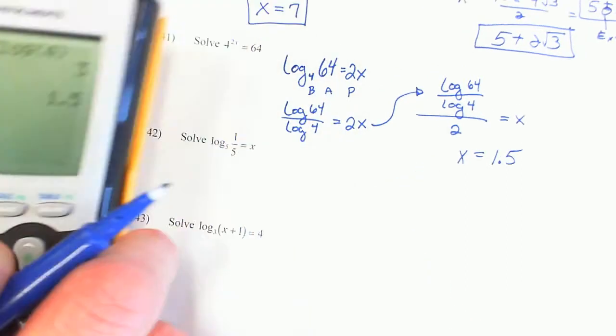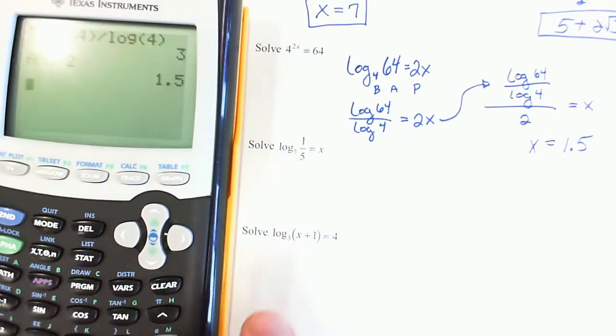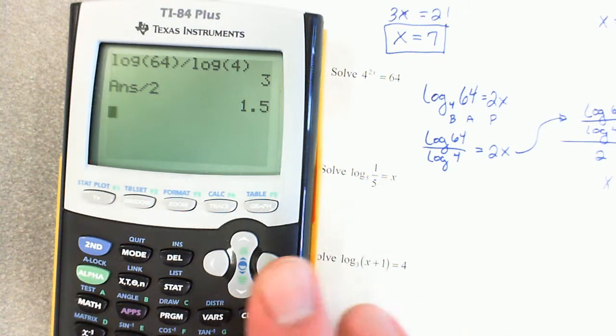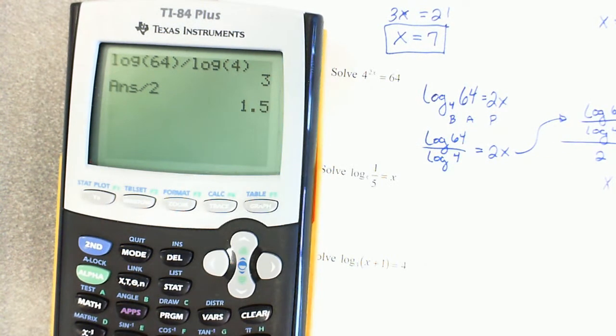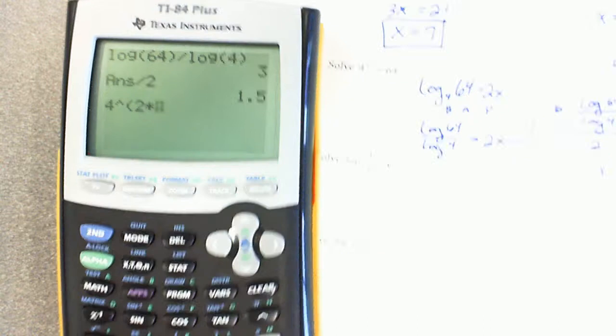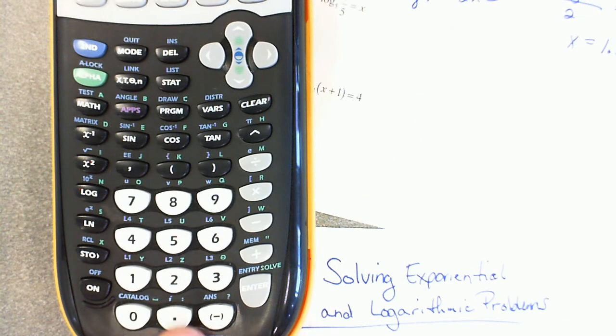And remember, what you could do is verify that on your calculator. If you have the 1.5 already in your calculator, you can plug it back into the original problem. We could do 4 to the power, and then in parentheses, 2 times your answer. Remember, your answer is located down here on the negative sign.